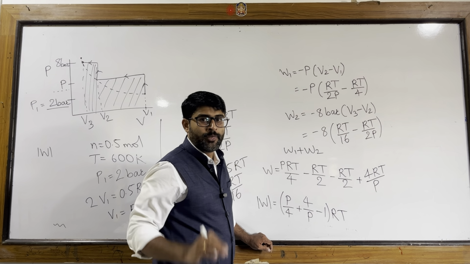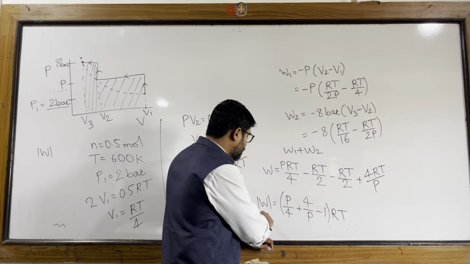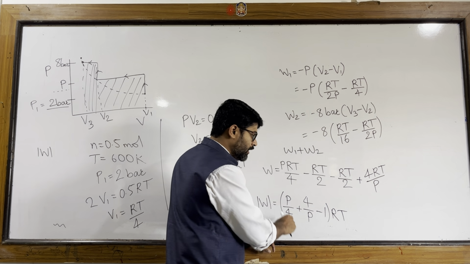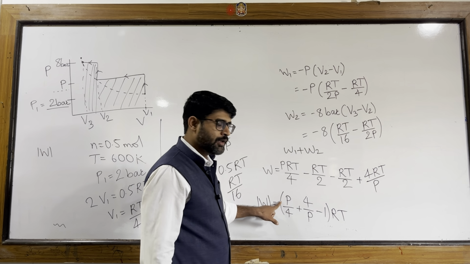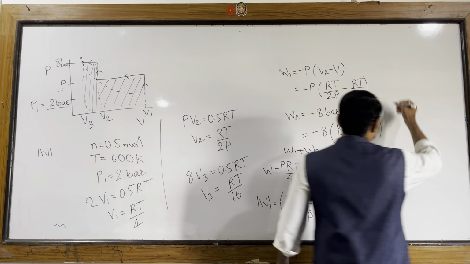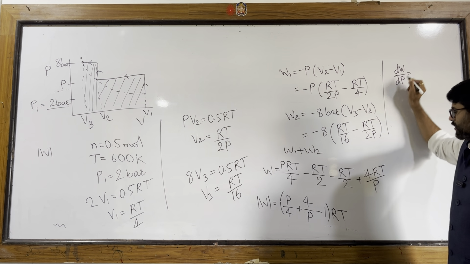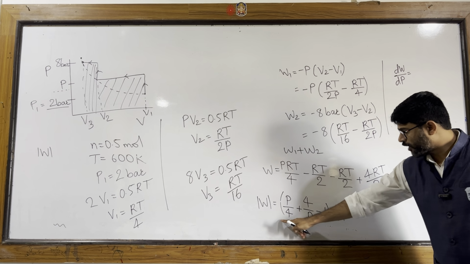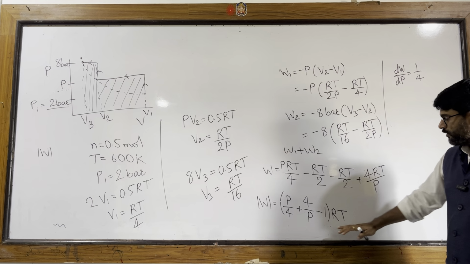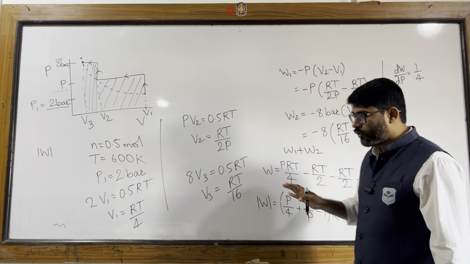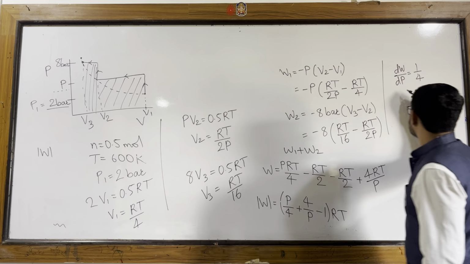Now we have to find the minima. At the minima, the derivative of work with respect to P will be 0, so we make dW by dP equal to 0. Taking the derivative, P by 4 gives 1 by 4. I am not considering the constant because we are equating to 0.